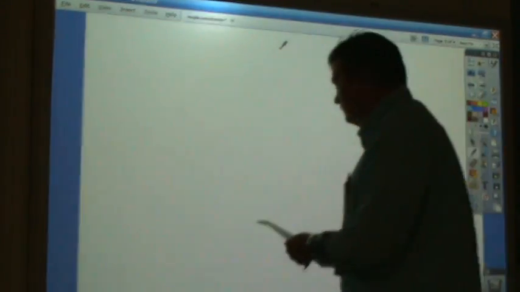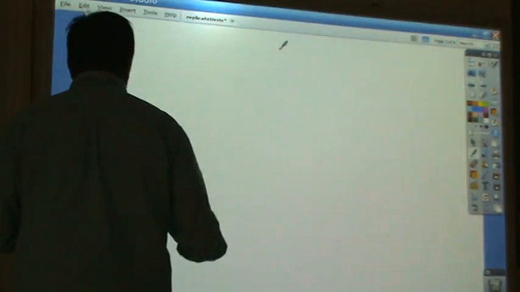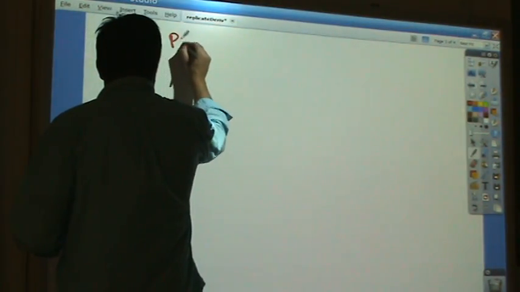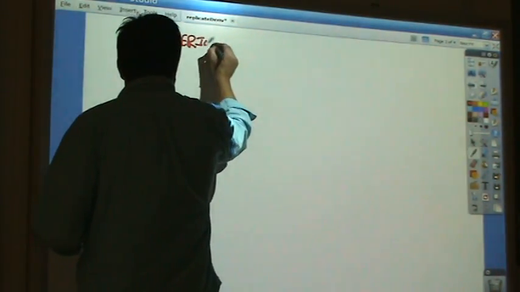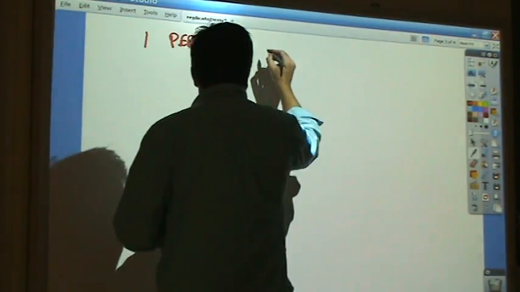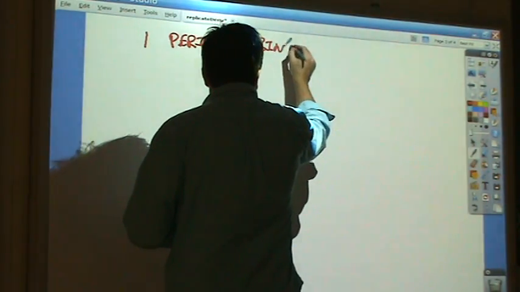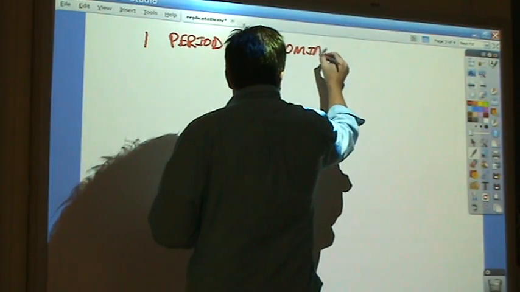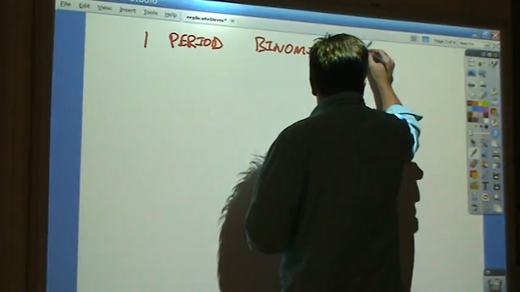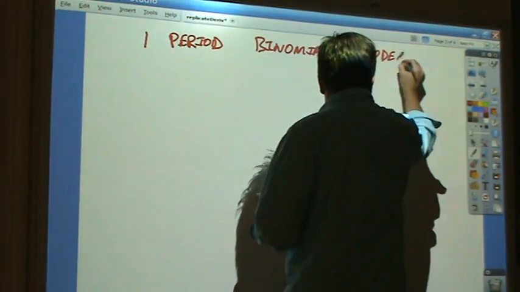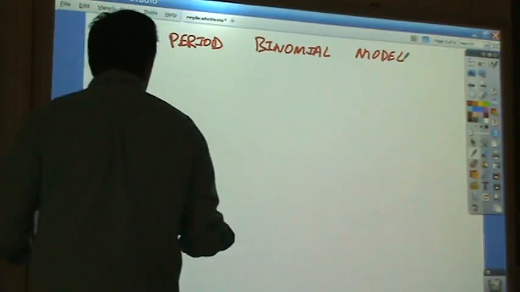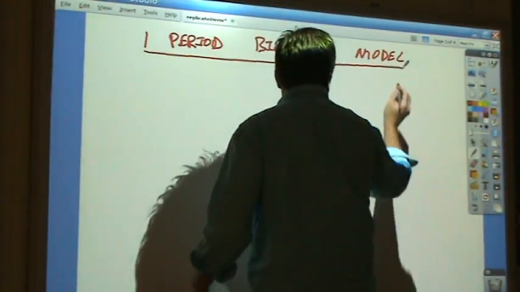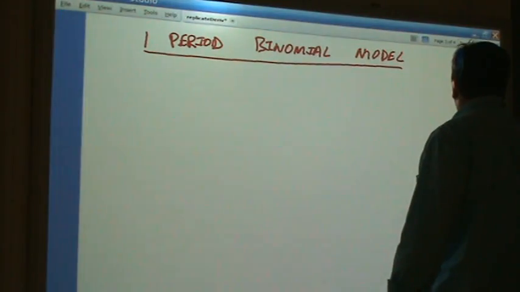Okay, so now let's look at an example, a 1-period model, a binomial model. First I'll go over a concrete example, just to make it a little easier to follow.